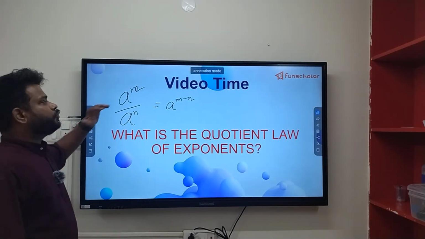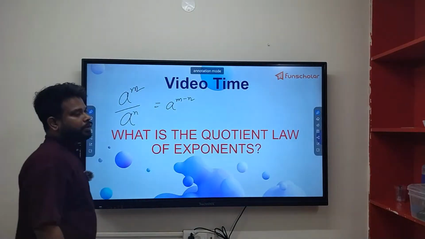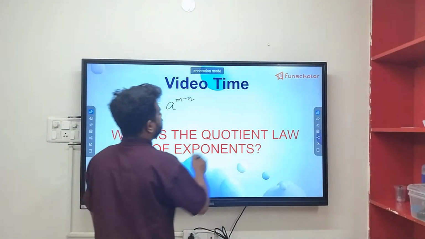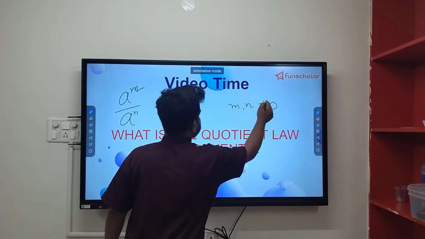The base has to be the same, and m and n will be their powers. But one thing we must remember is that m or n shouldn't be 0.